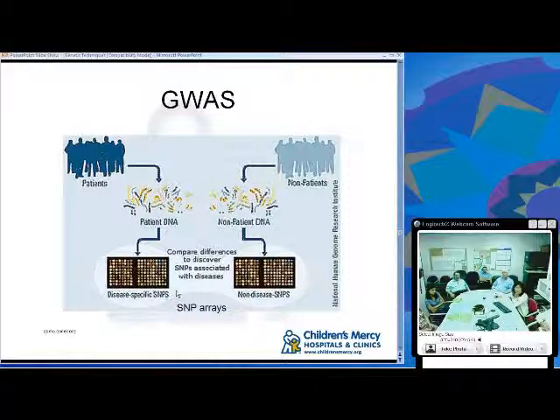And so by the GWAS studies, you can associate single nucleotide polymorphisms with specific diseases. Okay. And then once you find an association, then you actually have to determine whether or not that SNP really is a functional SNP and really is associated with that disease specifically.